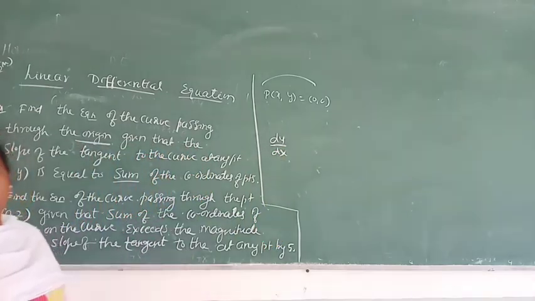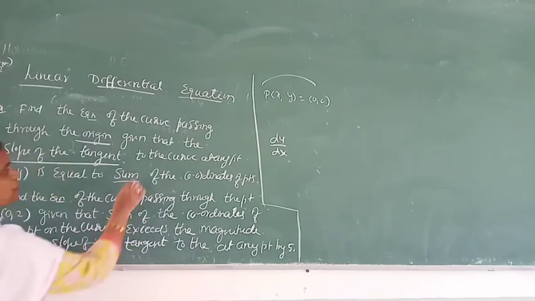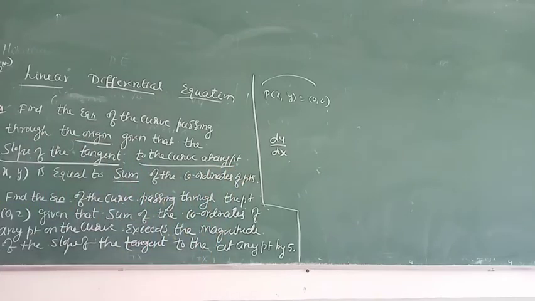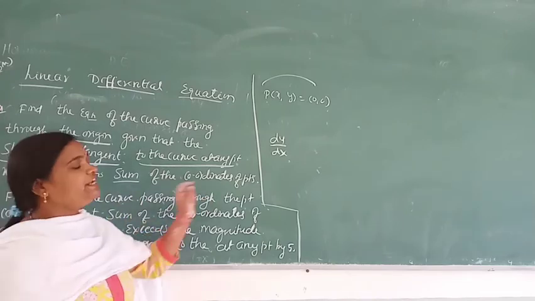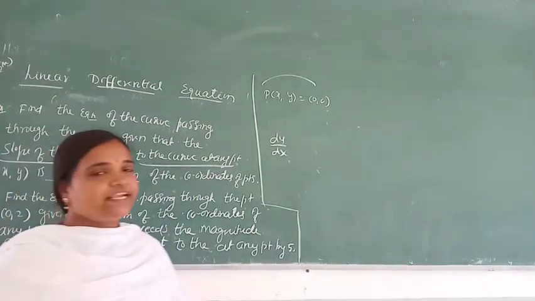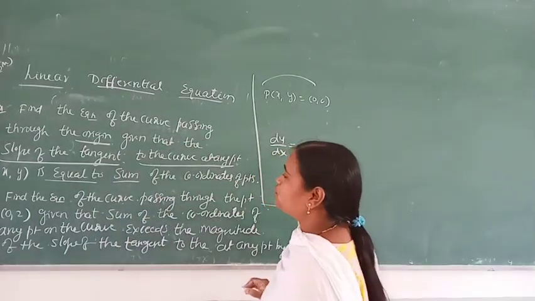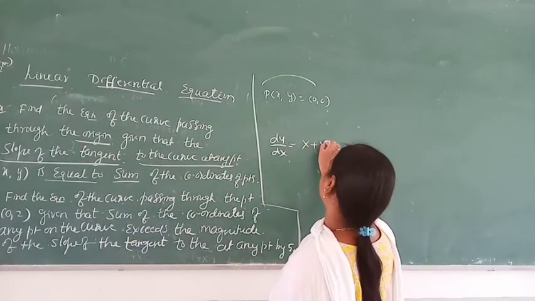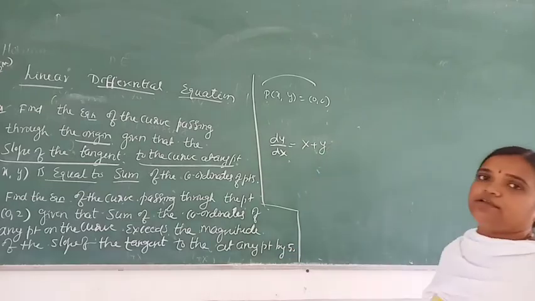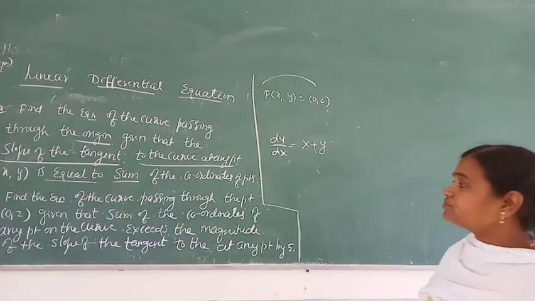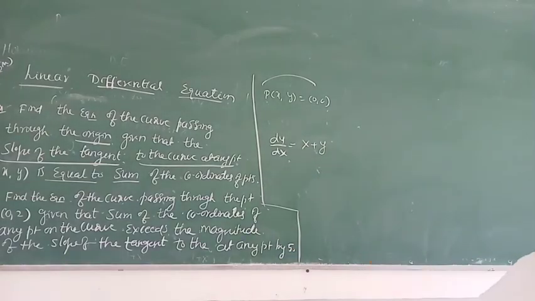Already we know that the slope of the tangent to the curve at any point is equal to the sum of the coordinates. Here the coordinates are x and y. Means here dy by dx is equal to the sum of the coordinates, that is x plus y.